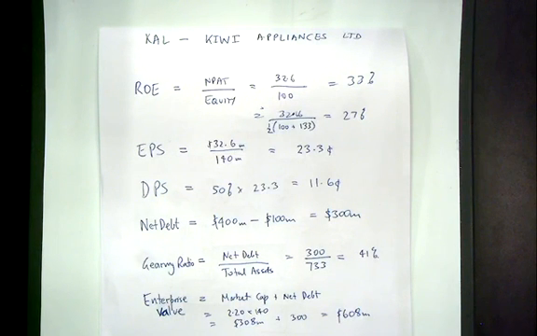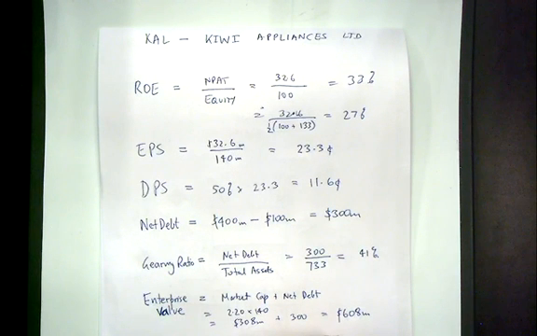EBITDA. So there's two ways of doing EBITDA. We can take the pre-tax profit and add back depreciation and amortisation and the borrowing cost.